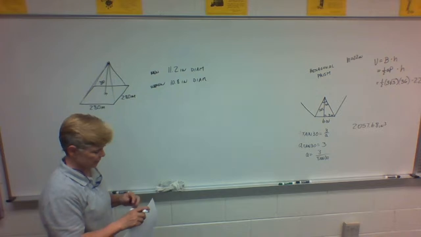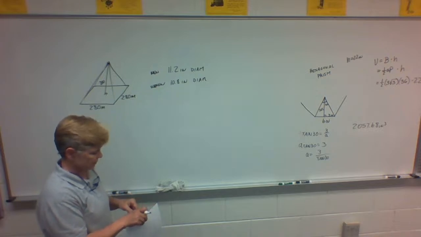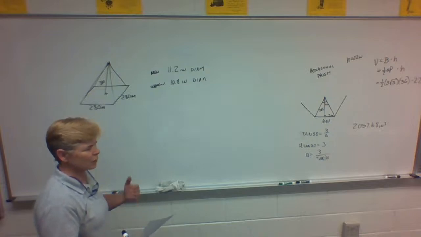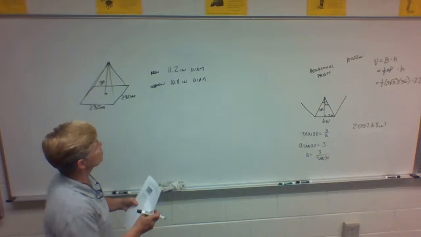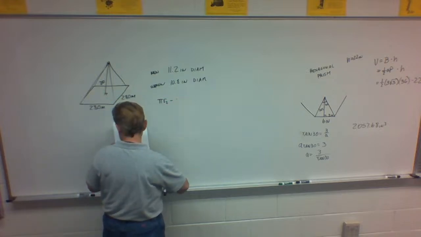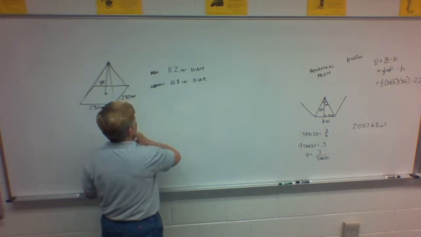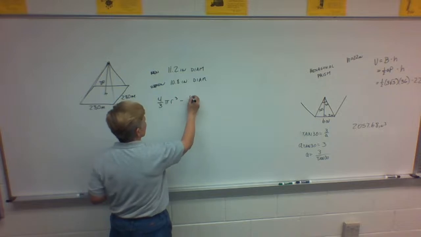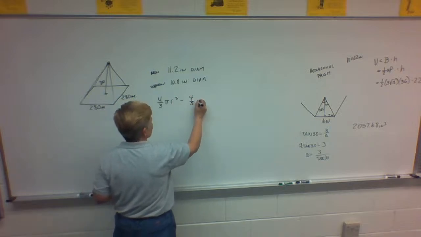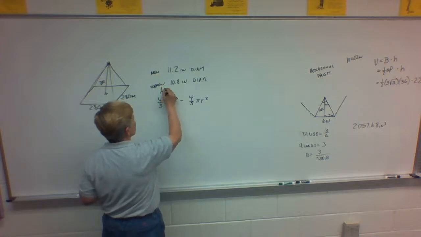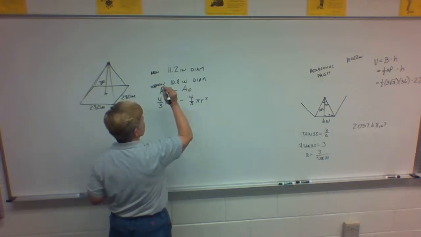What does difference mean? Subtract. So we would do the men's minus the women's so that we get a positive number. Find the difference in the volume. So 4/3 pi r cubed minus 4/3 pi r cubed.